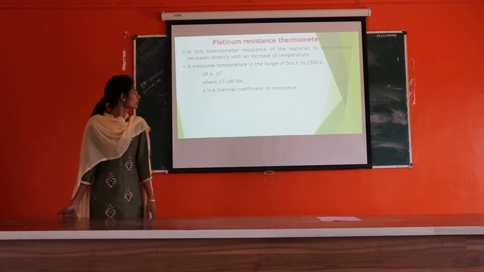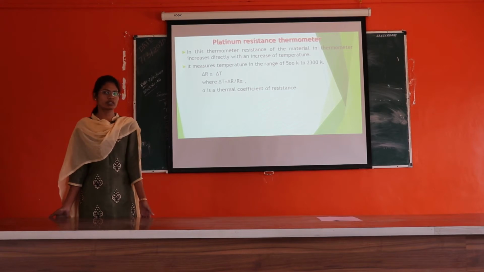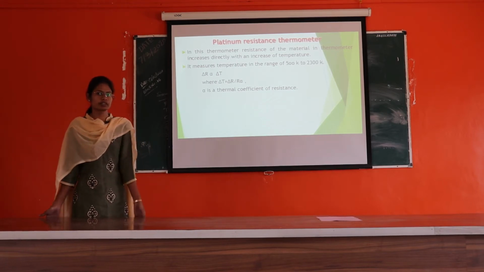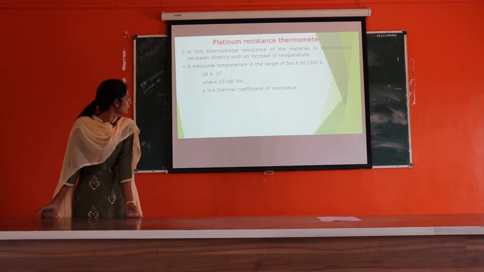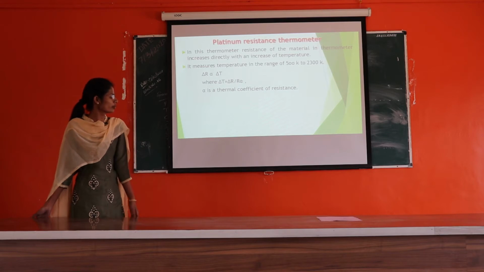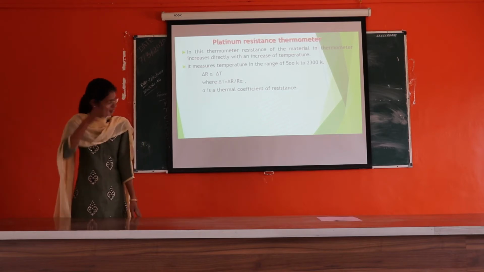In this thermometer, resistance of the material in the thermometer increases directly with an increase in temperature. It means that resistance directly increases with increase in temperature. It measures temperature in its range from 500 Kelvin to 2300 Kelvin.